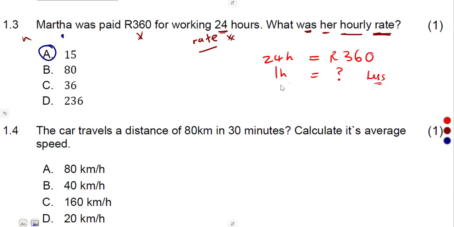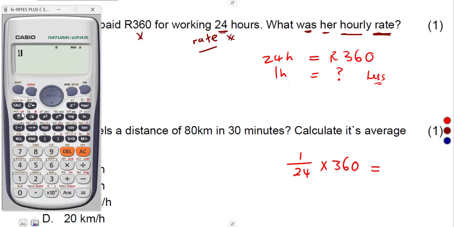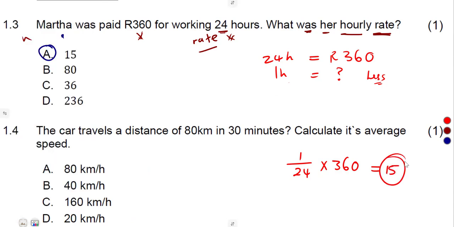So if it is less, therefore it's 1, the lesser value, over the bigger value. So that's 1 over 24 times 360. Still, you're going to have the same answer. 1 over 24 times 360. This is 15. So this is going to be 15 rand per hour. We are talking about 1 hour is equivalent to what she is paid.